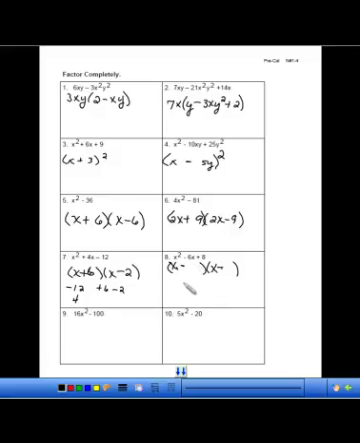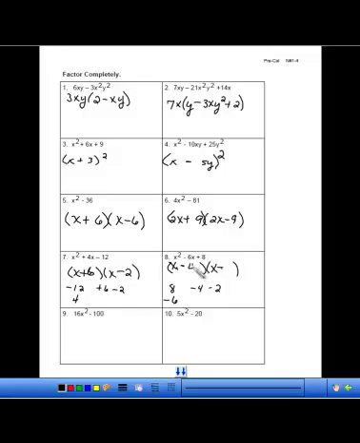Alright, we need things that will multiply to be 8 and add to be negative 6. Okay, well, we know that they have to be negative, so negative 4 times negative 2 will be positive 8. Negative 4 plus negative 2 is negative 6.